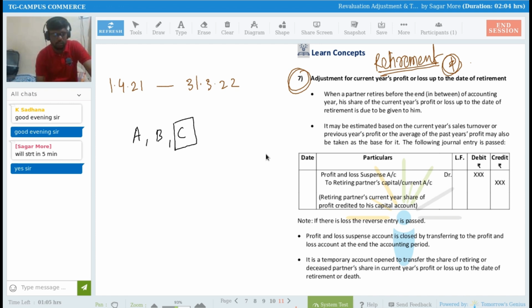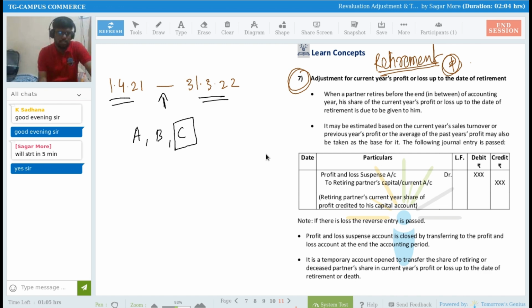He can retire at any time. He can retire at the beginning of the year, at the end of the year, or in the middle of the year. It depends upon his choice, and accordingly I need to pass journal entries and do the accounting.